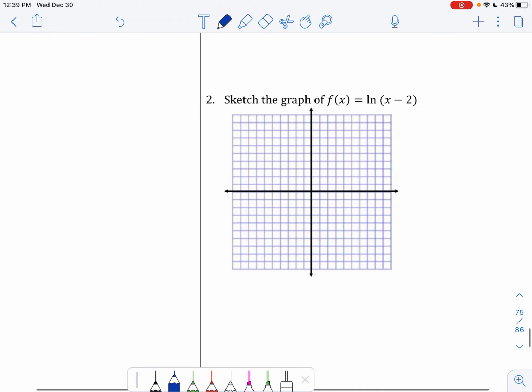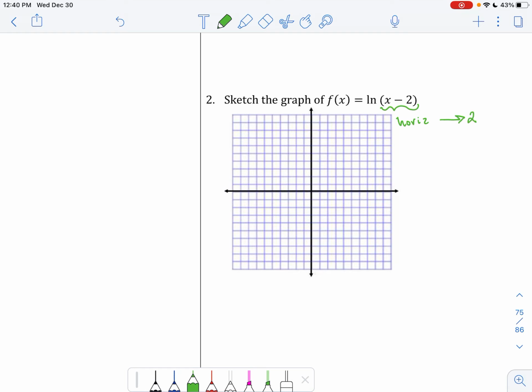So an example of that is here, where we have f of x is equal to ln of x minus 2 in parentheses. So what we want to recall from previous chapters is that this is a horizontal shift, and it's going to be a translation 2 spaces to the right.